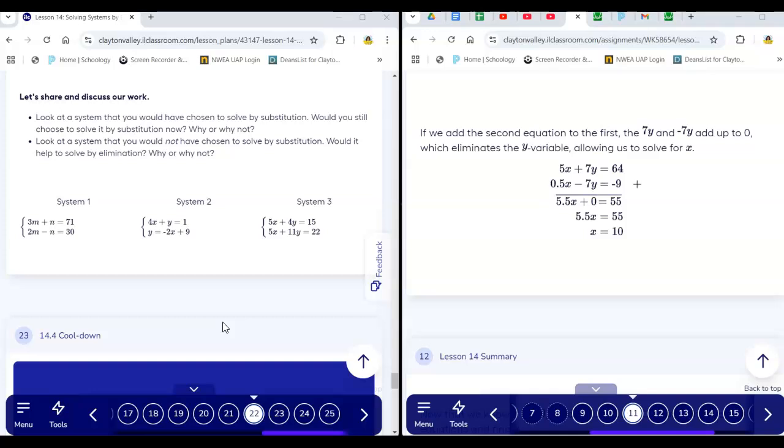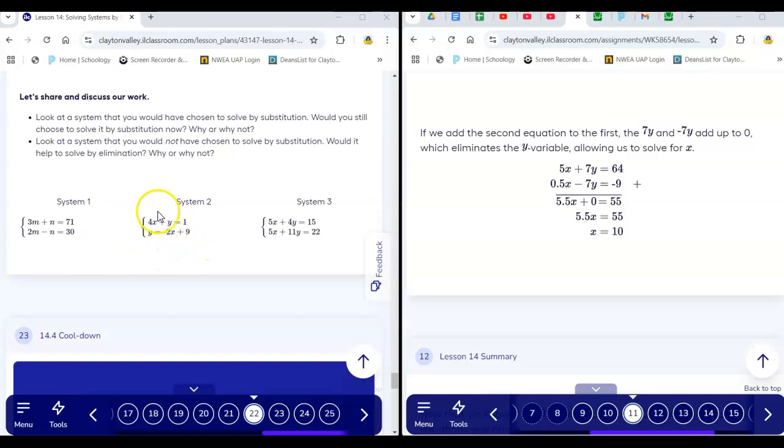They're asking you to think about three of the systems that I believe you saw in a previous lesson that you might have solved by substitution. Here's one where you could have easily moved the M term over and then dropped this into here. But look what you could do now. You could solve this one by elimination, couldn't you?